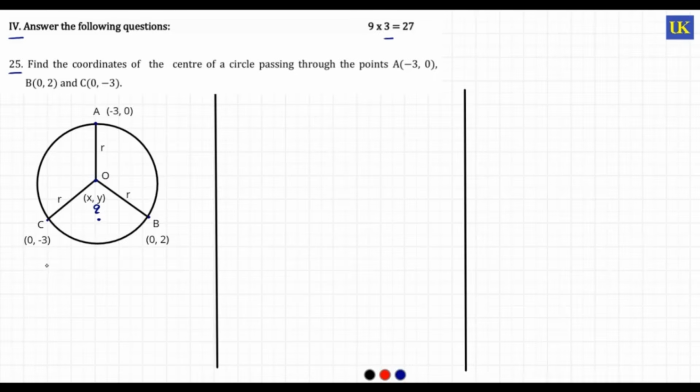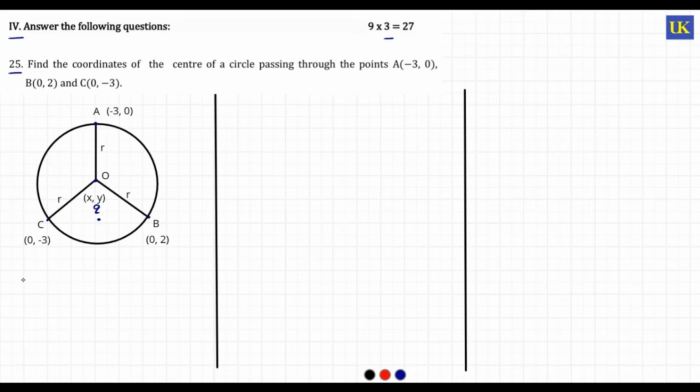Now if you see here, if these points are on the circle and we join them to the center O, then all these lines should become radius of the circle.